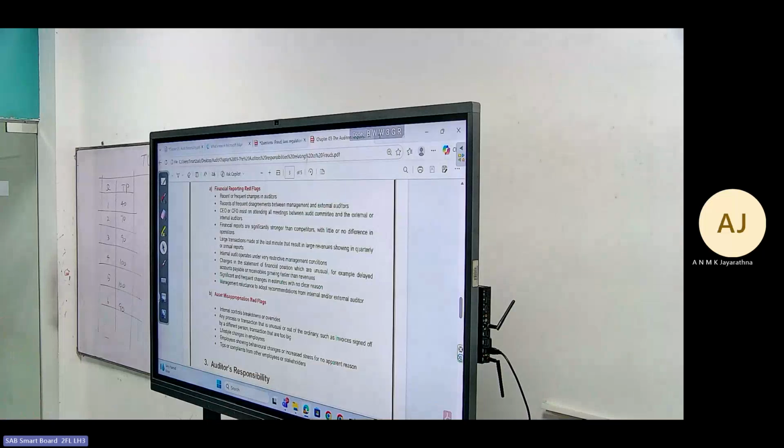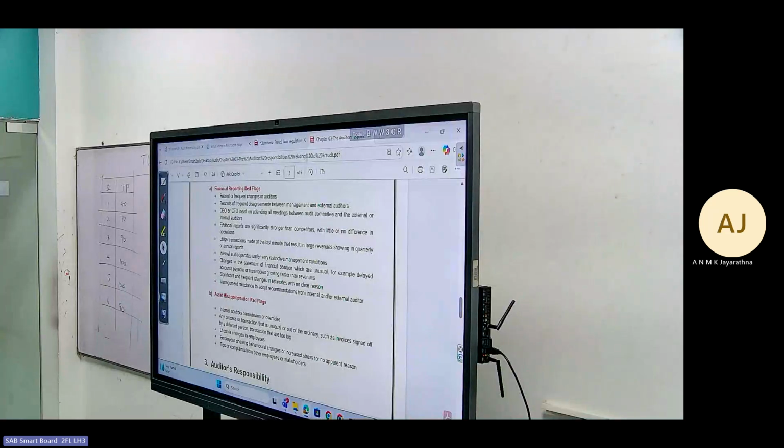If the CFO, CEO, finance manager or finance controllers earn incentives, performance bonuses, then they always try to increase the profit. So that is one of the risks for fraud, right? They can reduce the expenses and boost the revenue.